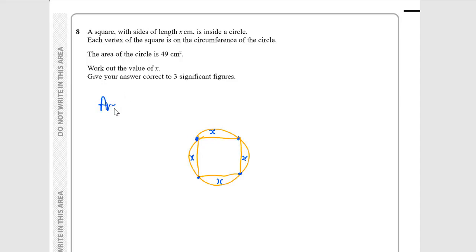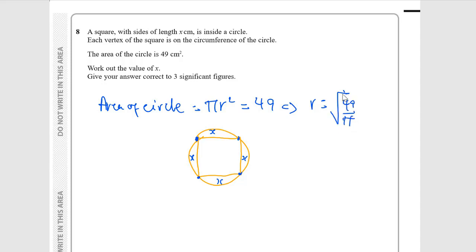So the area of a circle, our formula is pi r squared. So this equals 49. So essentially we can rearrange. So we say, therefore, r equals the square root of 49 over pi. Right?